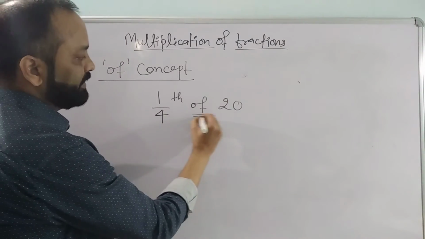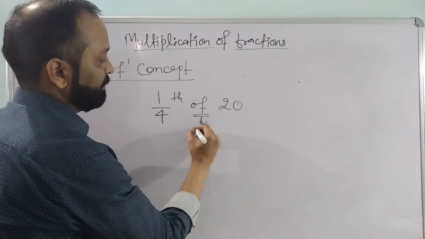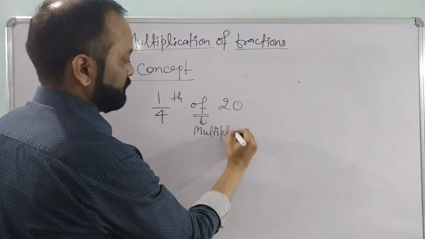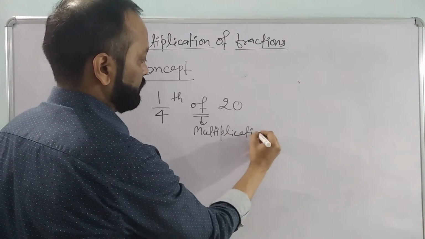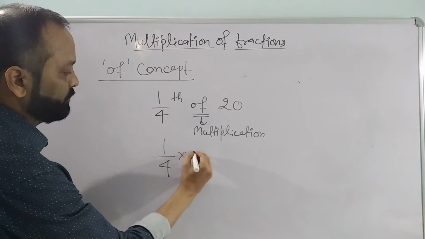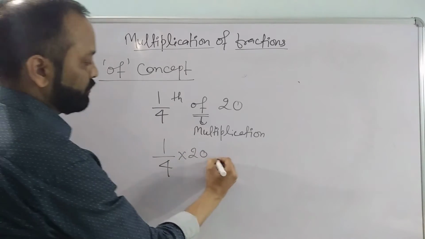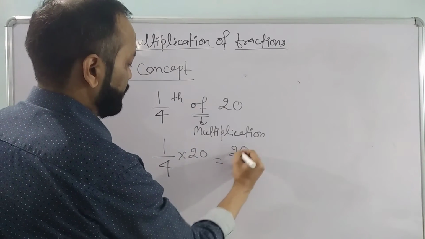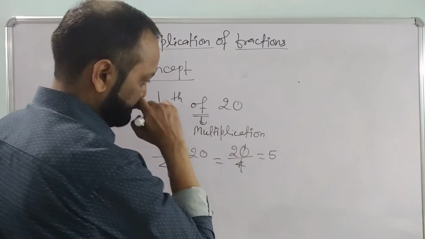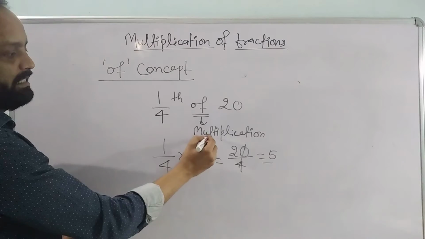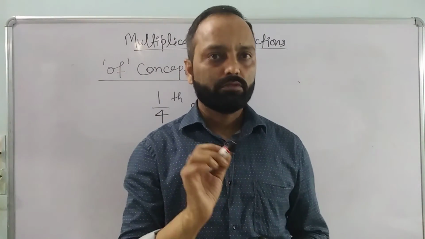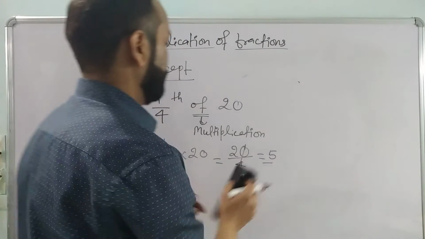What does it mean? This "of" means simply multiplication. So what we need to do is 1 upon 4 into 20. So this will be 20 upon 4. This will be 5, correct? So "of" means multiplication, so you don't get confused once you get "of" in any question.